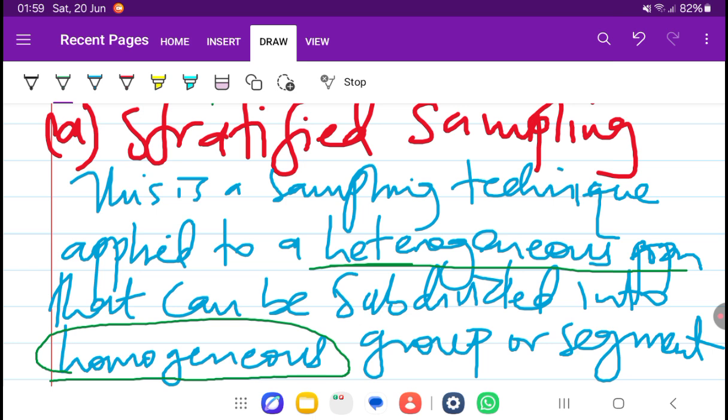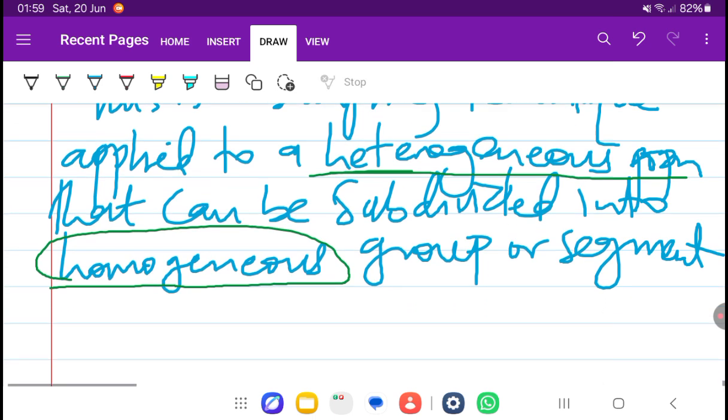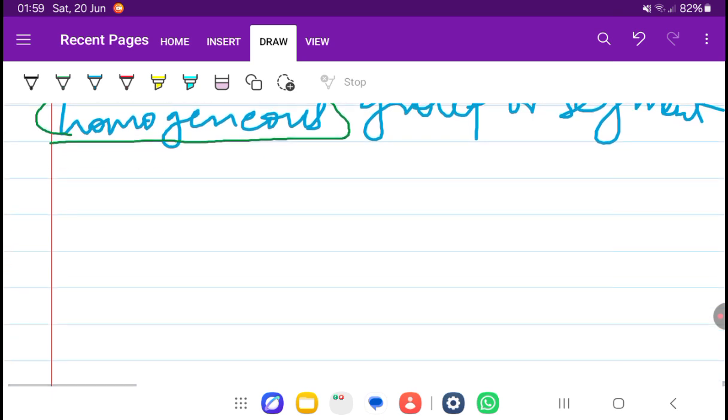So they keep grouping these people. If maybe they are dealing with the tribes, they keep grouping different tribes in different groups called the stratas. And those stratas, they are the ones now forming the population, the sample.